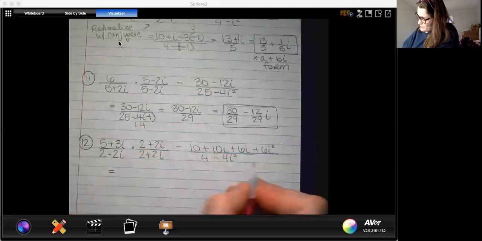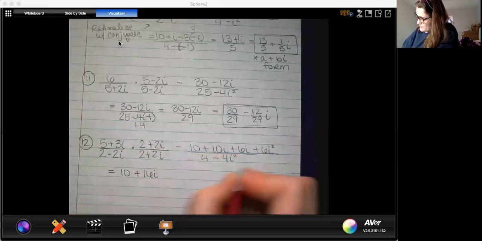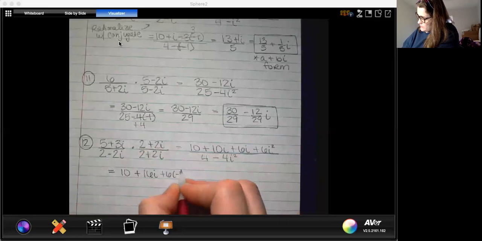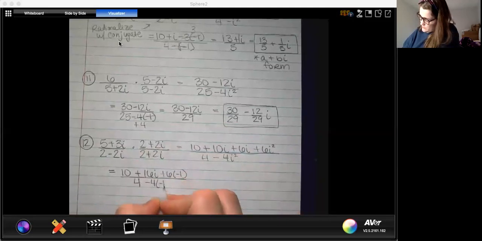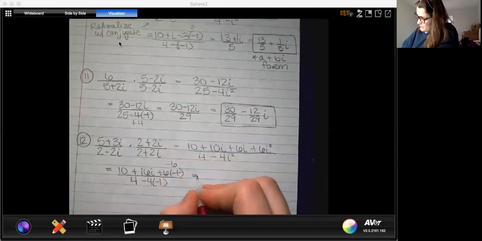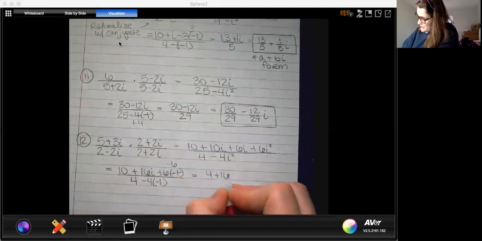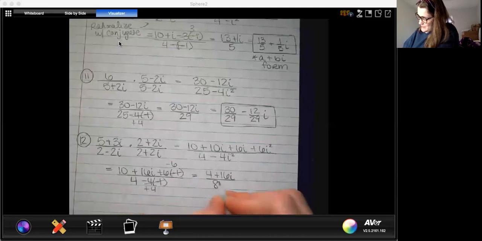And we combine, so we get 10 plus 16i plus 6 times negative 1, divided by 4 minus 4 times negative 1. 6 times negative 1 is negative 6. So that would give me 4 plus 16i. Negative 4 times negative 1 is positive 4, so that would give me 8.